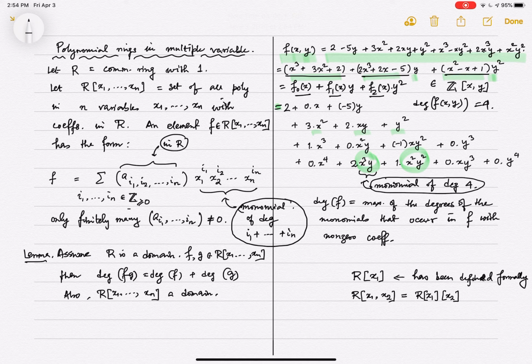So it's a polynomial in y, where the coefficients are again polynomials in x. So you can call this one A1, and then A2 is nothing but A1[x2]. And then similarly you can say R[x1, x2, x3] is A2[x3], etc. So you can make an inductive definition like this.